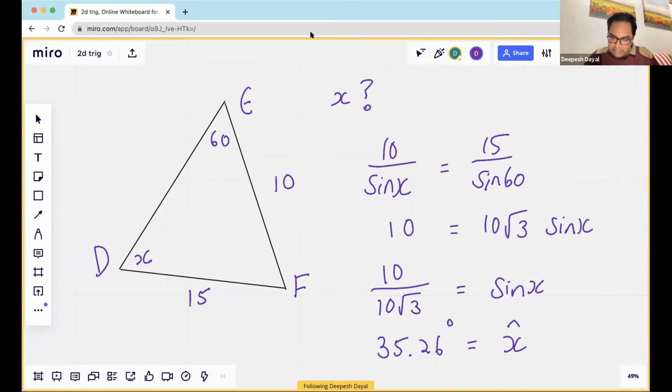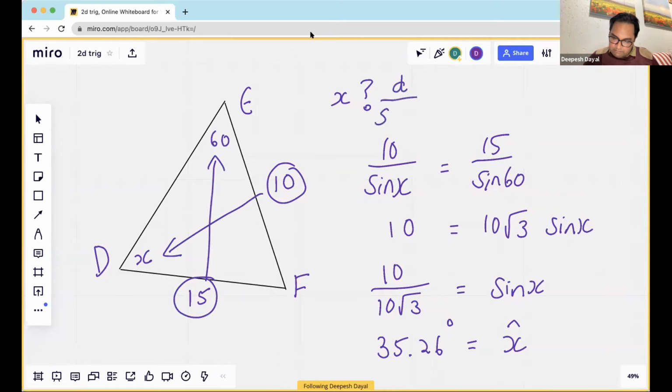So we're going to say 10 over sine x equals 15 over sine 60. Remember, this is going to be d over sine d equals e over sine e.